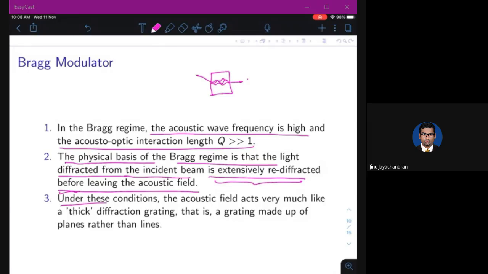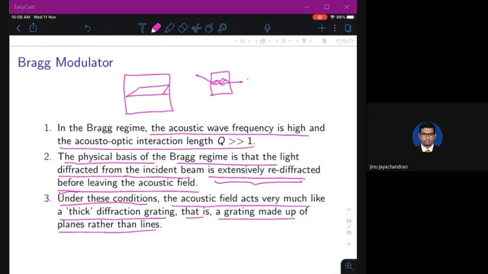Under these conditions, the acoustic field acts very much like a thick diffraction grating, that is, a grating made up of planes rather than lines. So you can say that there is a big plane inside the grating in which some kind of multiple diffractions are happening. Okay, we'll see the figure.